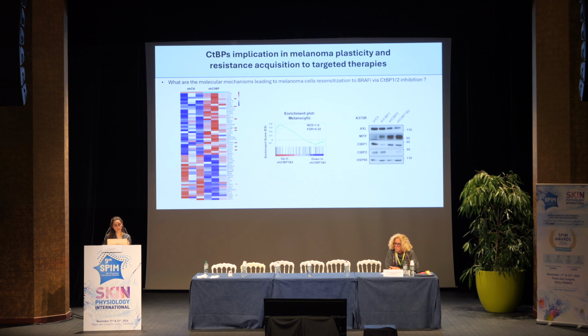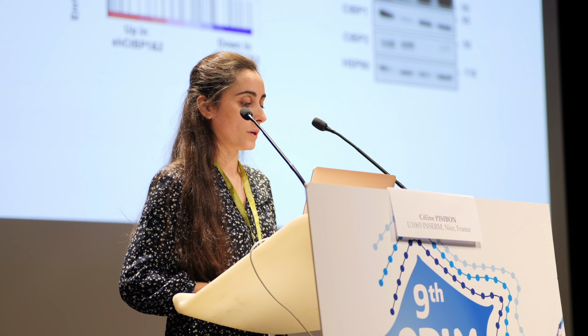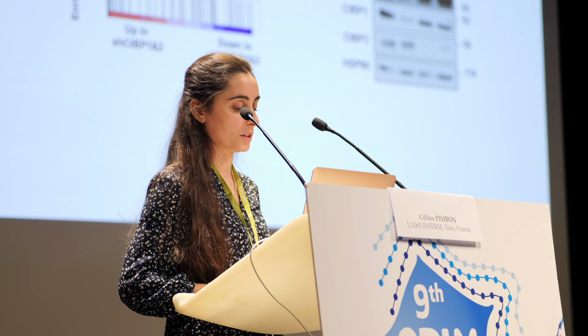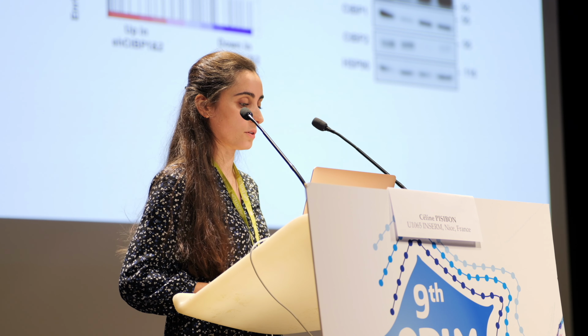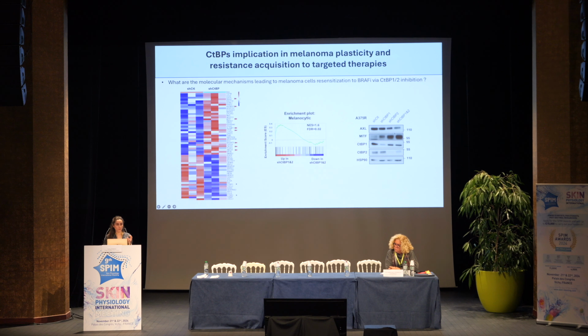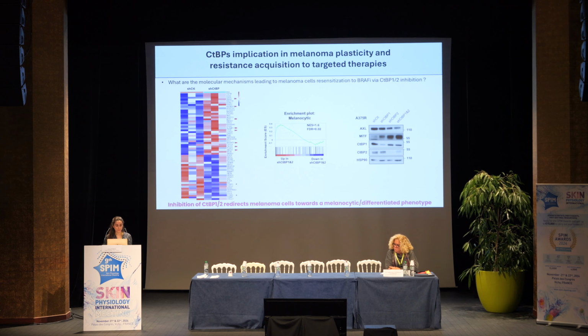So first, we saw that knockdown cells for CTBP1 and 2 present an enrichment of melanocytic markers, so differentiated markers, such as MITF, and we confirmed these results at protein level by Western blot, where you can see that in knockdown CTBP1 and 2 melanoma cells, we have an increased expression of MITF, also associated with a decreased expression of AXL, the marker of resistance. So inhibition of CTBP1 and 2 redirects melanoma cells towards a more melanocytic, differentiated phenotype.